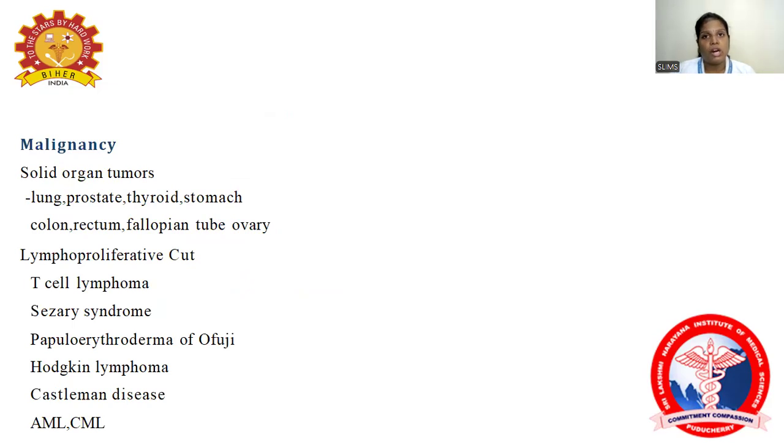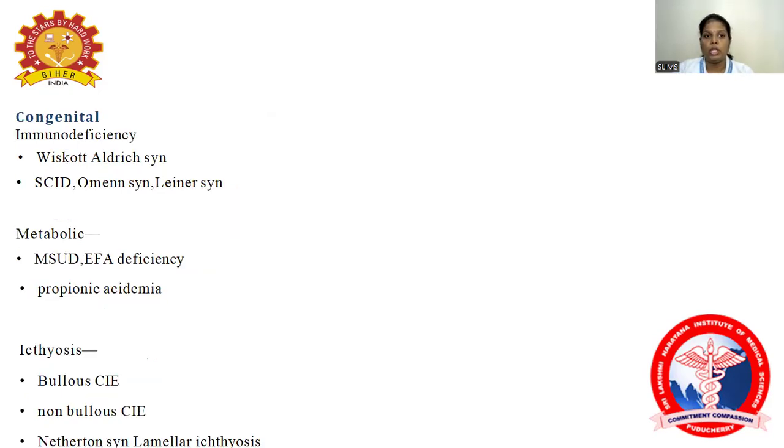Malignancy: solid organ tumors like lung, prostate, thyroid, stomach, colon, rectum, fallopian tube, ovary carcinomas, and lymphoproliferative cutaneous malignancies like T-cell lymphoma, Sézary syndrome, papuloerythroderma of Ofuji, Hodgkin's lymphoma, Castleman disease, and acute myeloid leukemia and chronic myeloid leukemia.